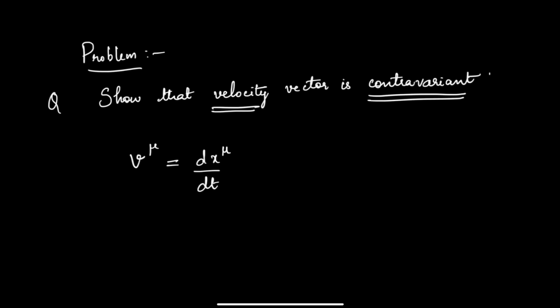Now how does this change? x mu will transform to x prime nu, so x mu is a function of x prime nu, or otherwise x prime nu is a function of x mu.